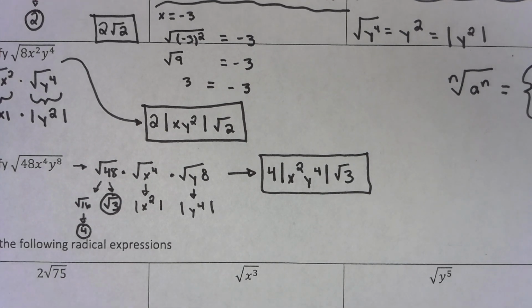Then the square root of x to the 4th. Since I'm dealing with square roots, and since n is even in both these cases, I'm thinking that I might need absolute value brackets before I even deal with the simplifying there. Think of the square root of x to the 4th as x to the 4th to the power of 1/2. So we're just dividing that exponent by 2, giving me x squared.